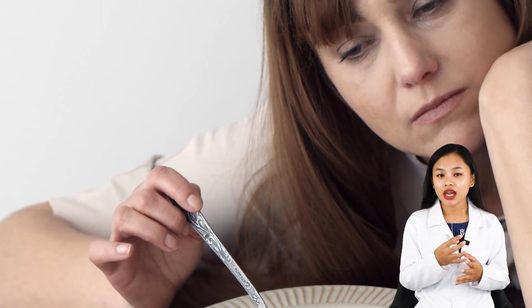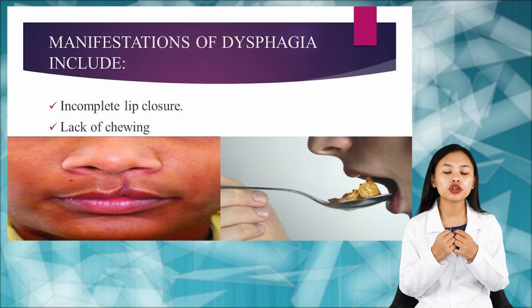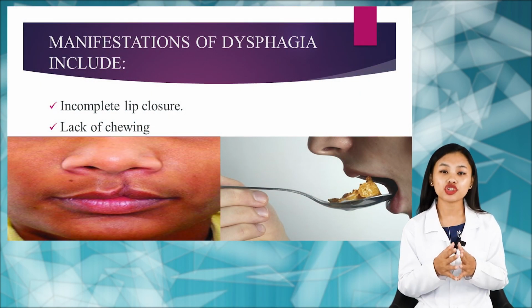Since there will be an abnormal movement of the mouth and lips, when they are eating, food pushes out of the mouth, the lips do not close completely while chewing, and there is a lack of chewing. So these are the symptoms that will be found in a patient with dysphagia.